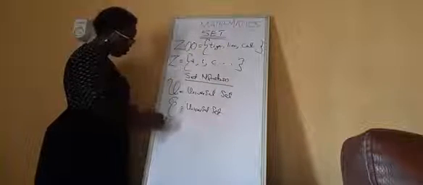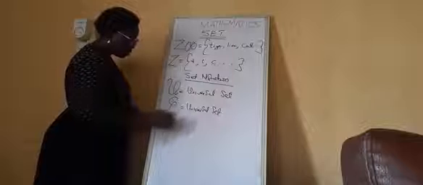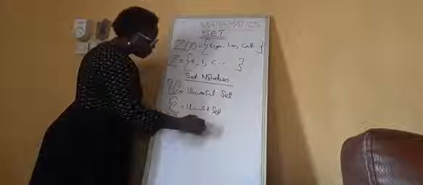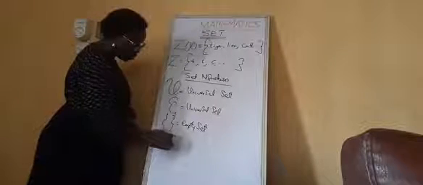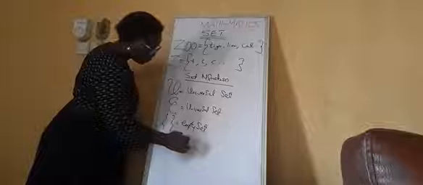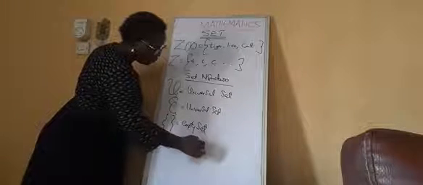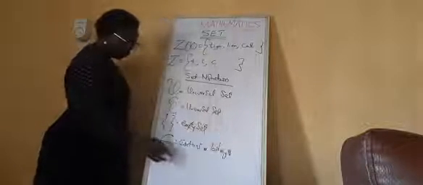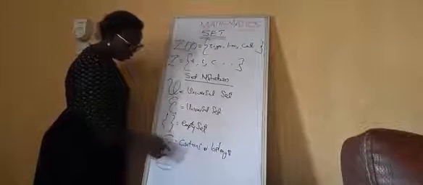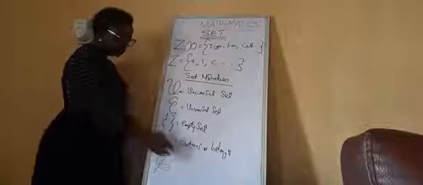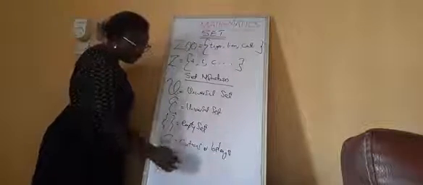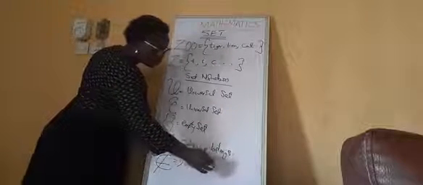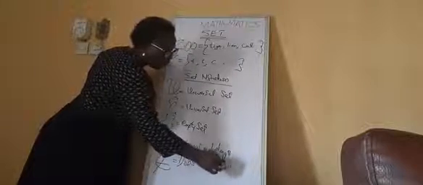This is what we call empty sets. This is what we call contain, or belongs. So if I cross this one now, can you tell me what it means? If this is contain, this one will be does not contain, or does not belong.